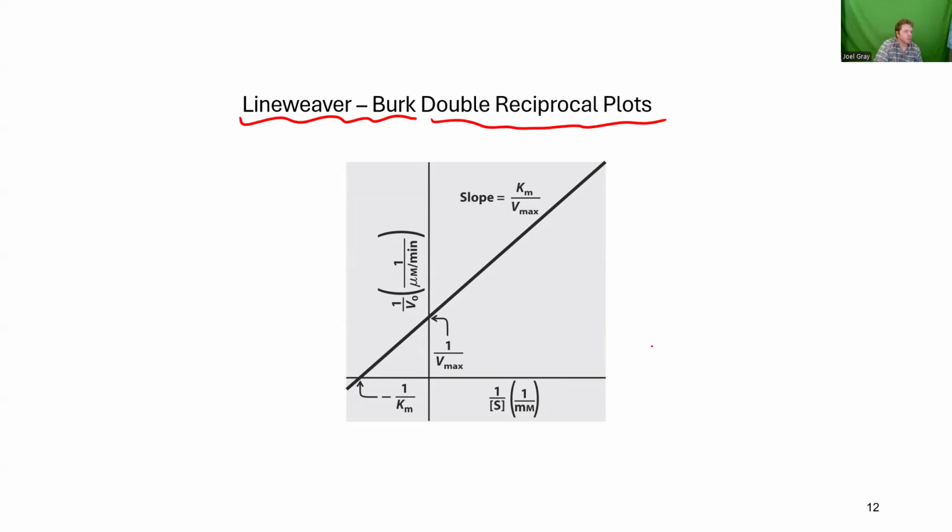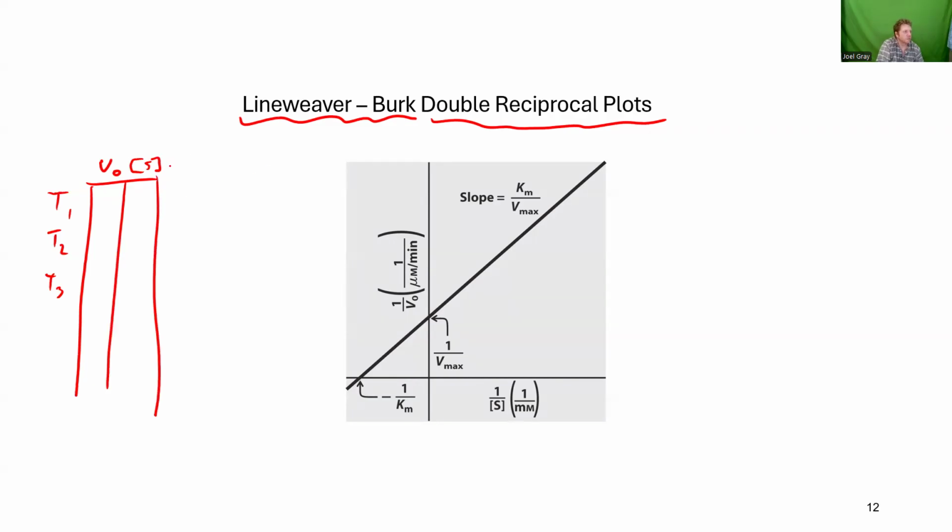So all you are doing is taking a data set of V sub zero at T1, T2, T3, and so on, and substrate concentration, and converting that to 1 over V sub zero and 1 over substrate concentration. So effectively, let's say our V sub zero is 3. We're almost done.